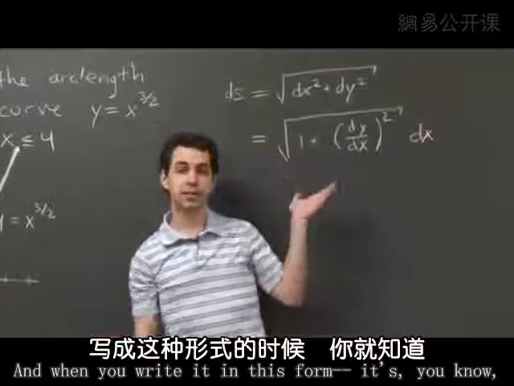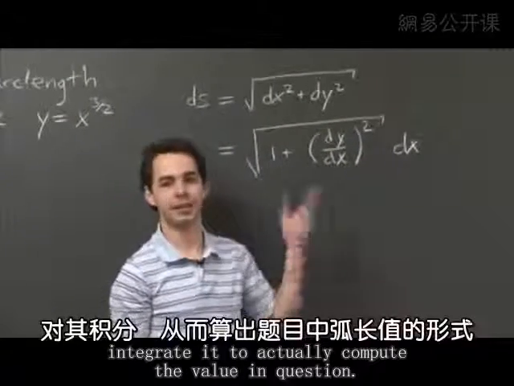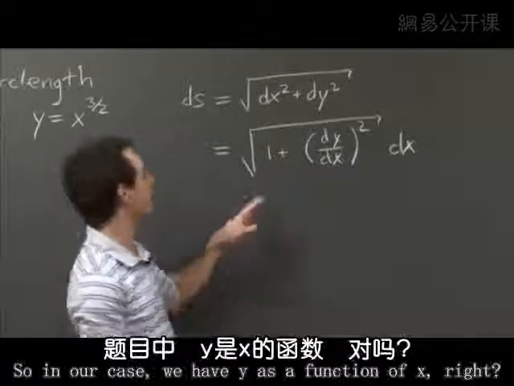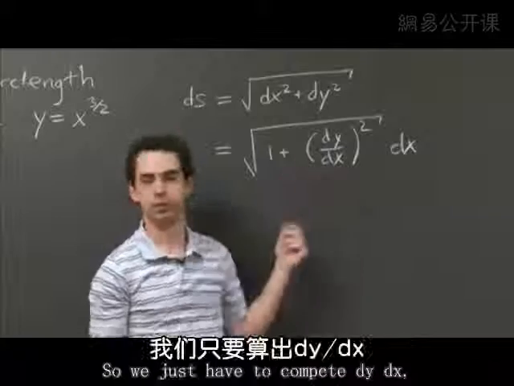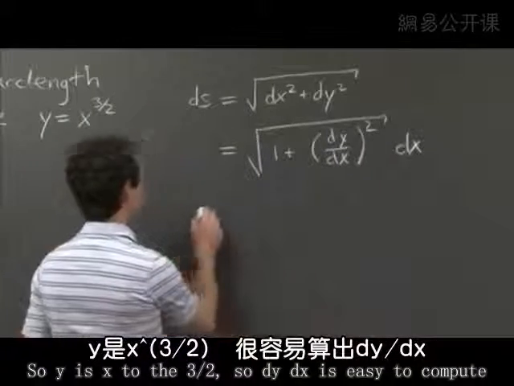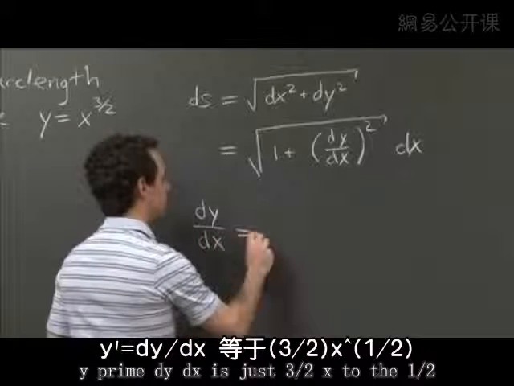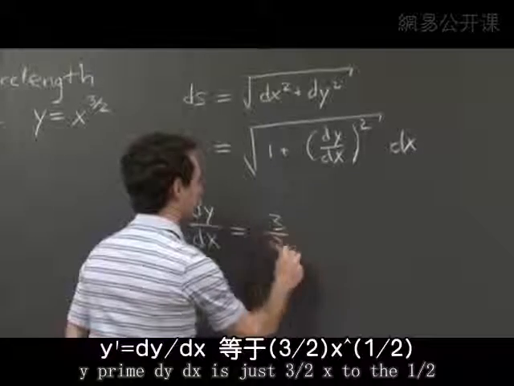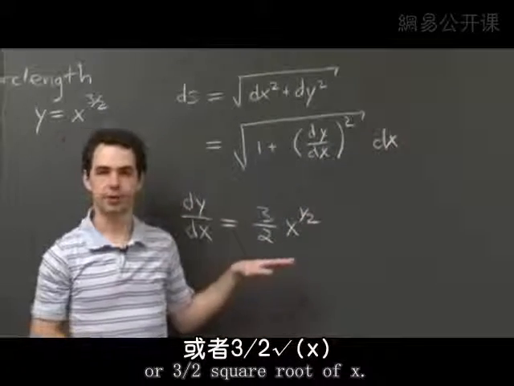This is the form that you can actually use to compute the value in question. In our case, we have y as a function of x, so we just have to compute dy/dx. y is x to the 3/2, so y prime, dy/dx, is just 3/2 x to the 1/2, or 3/2 square root of x.